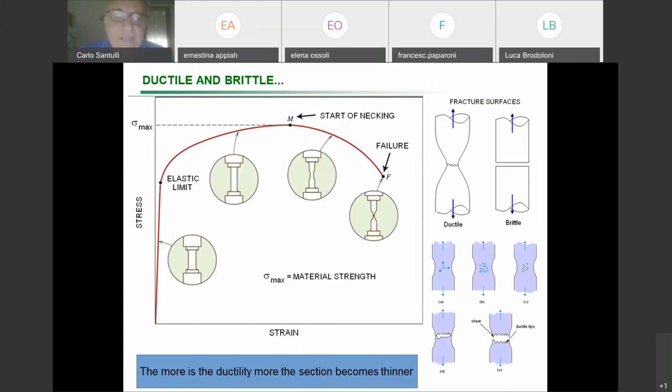You will have an elastic limit, some plastic deformation, not recoverable, then necking, and at a certain point the stress is able to go more, and then failure.